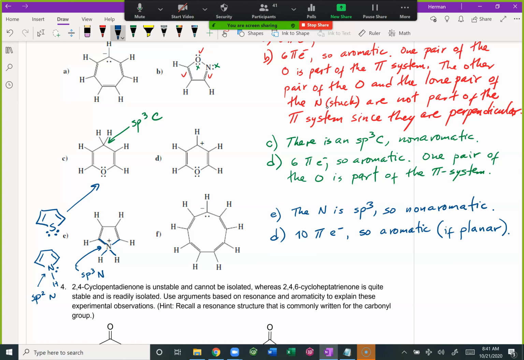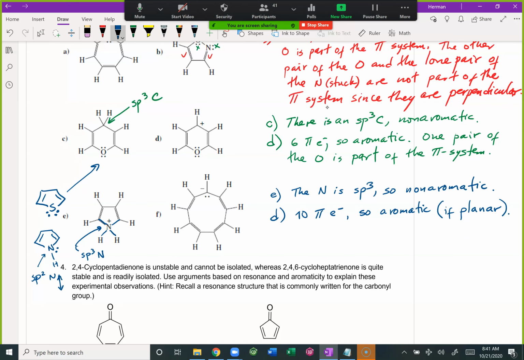In other words, we're going to learn. This is in my recordings. If you have resonance, then you go from, it looks right now like it is sp3.